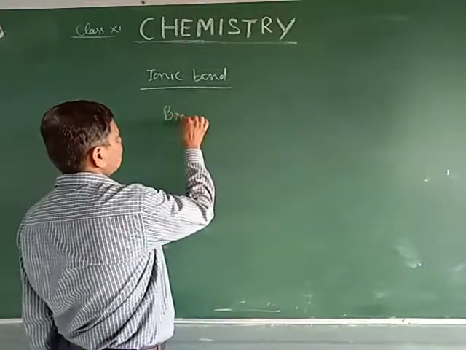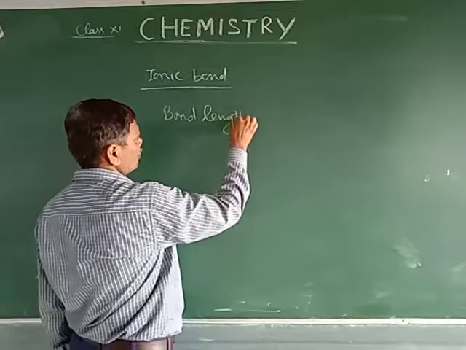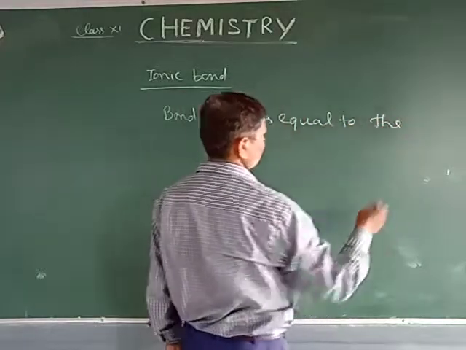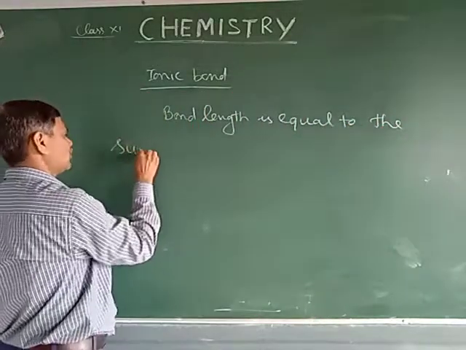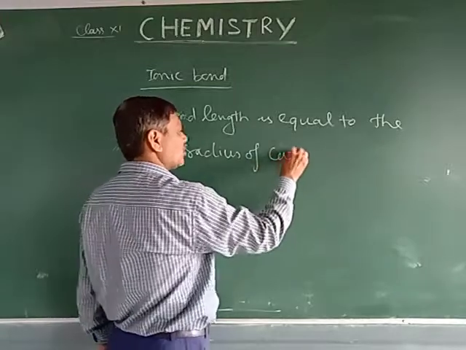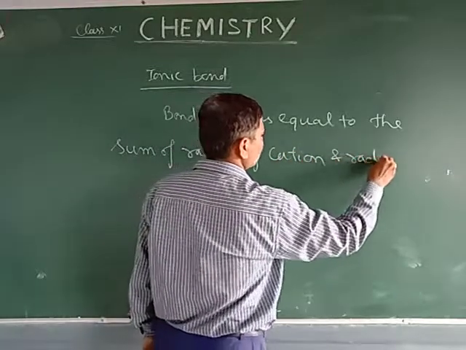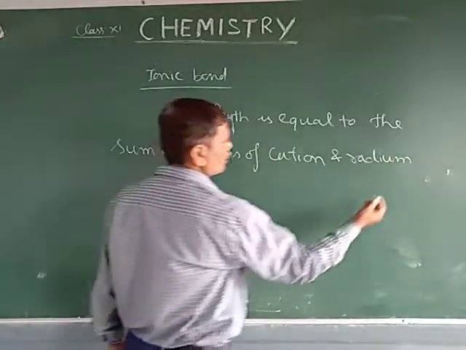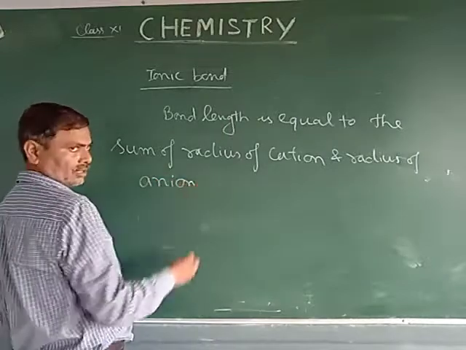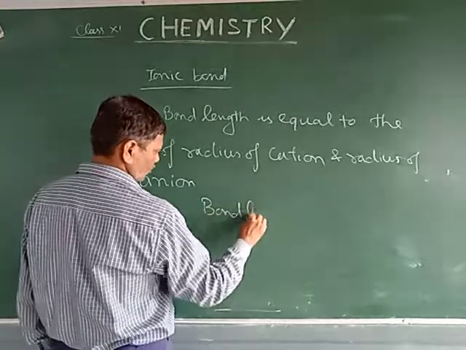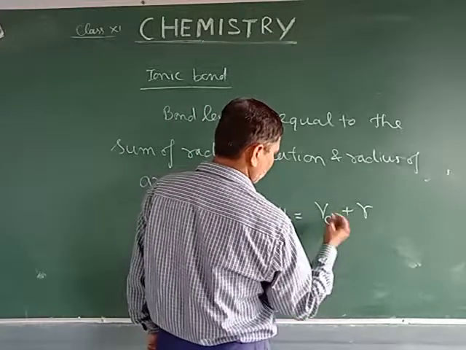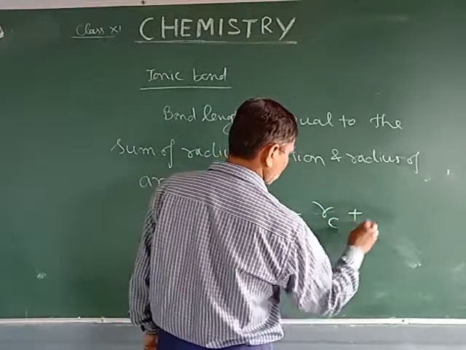Bond length is equal to the sum of the radius of the cation and the radius of the anion.